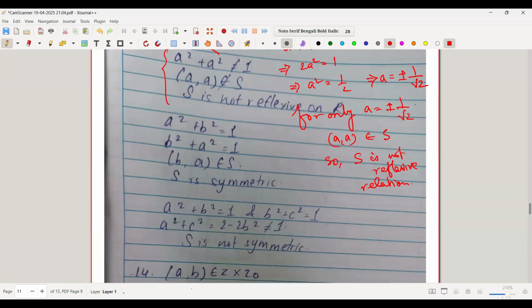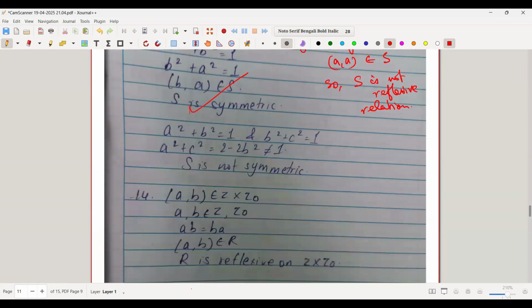Next, it is symmetric because a square plus b square equals 1, that means b square plus a square is equal to 1. And a square plus b square equals 1, and b square plus c square equals 1, that means... is not transitive: a square plus c square.